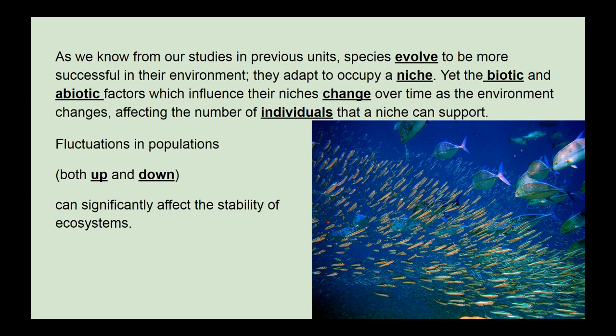So they're going to have fluctuations in populations depending on how stable the environment is, and those changes in fluctuations can also have a massive change on the environment itself.